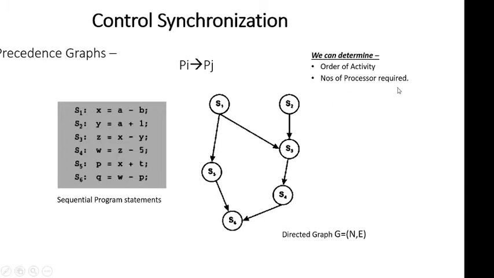So the number of processes tells you the cardinality of the independent processes. Here S1 and S2, so there are two processes at the root. So you will need two processes to have the highest execution rate in a very efficient manner.